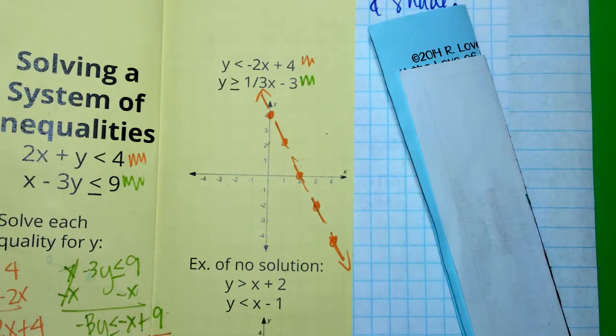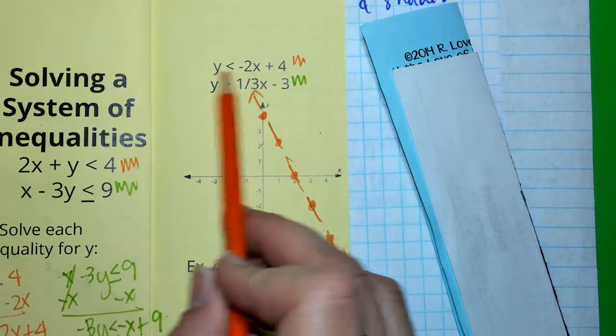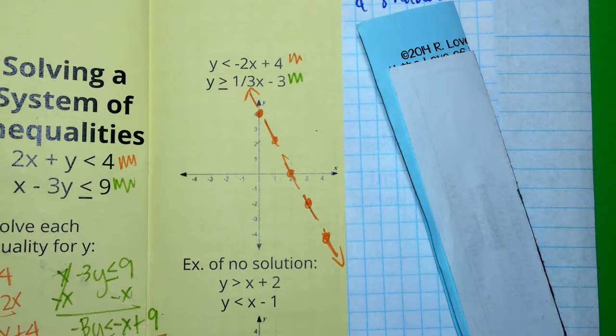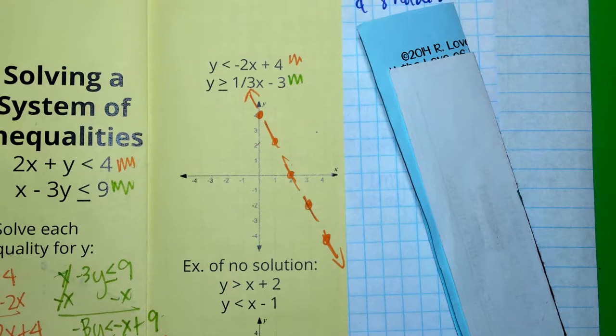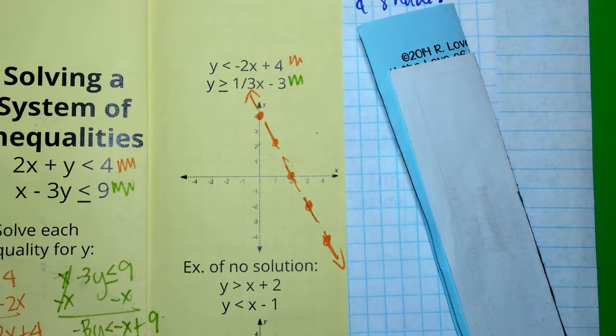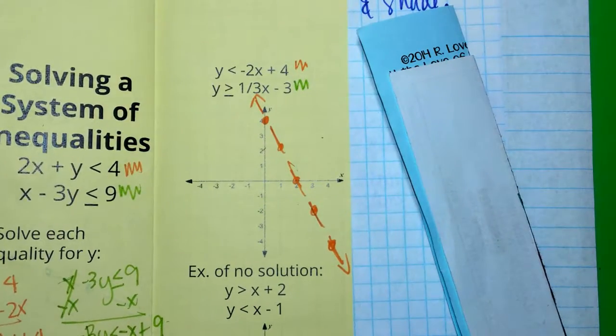No, so we're using a solid. Why do we use a dash line? Because it's not greater. There's no line under it. You did not earn your point. Okay, now answer this one and you can earn your point.